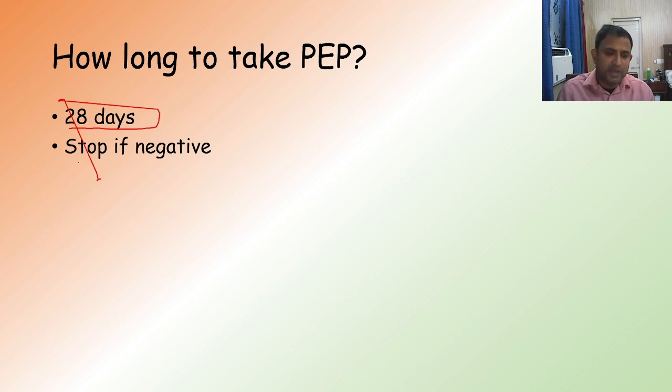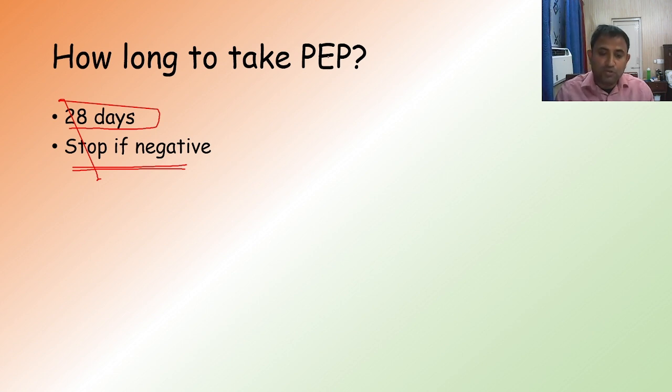PEP is supposed to be taken for 28 days, and stop PEP if the source person is tested and declared negative for HIV.